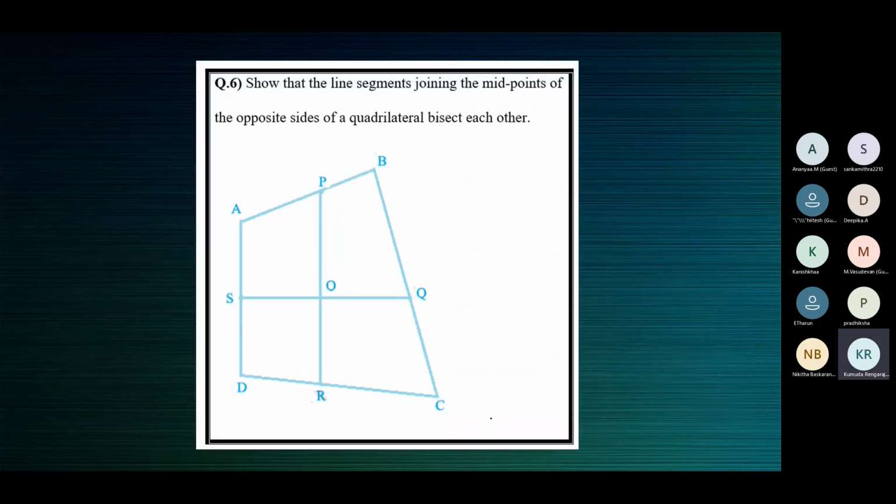Tell me, how do we do this? What is the construction? Joining BD and PQ, QR, RS and SP.